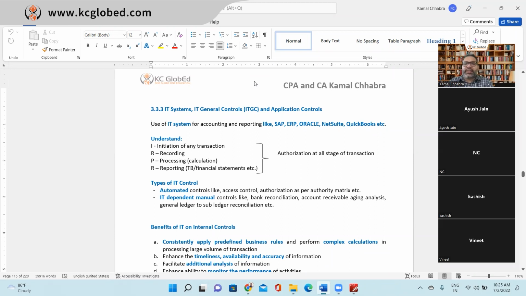Those are all examples of IT dependent manual controls, in which you get the report from the system and then analyze and review those reports manually. It's called IT dependent manual control. Make sense?